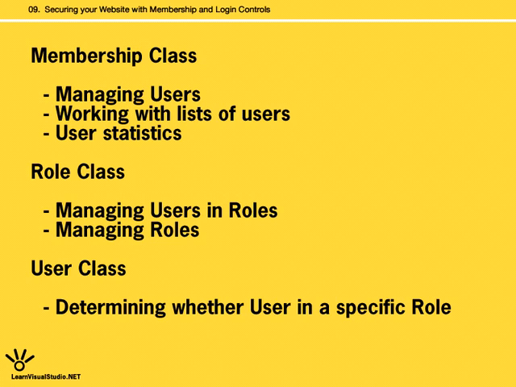And finally is the user class, which we use to determine whether or not the current user has been successfully authenticated. There are also some additional classes, but as you begin to dive off the deep end and get immersed in utilizing this rich programming model, you're going to learn what they are and their purpose, so I'm not going to go into them right now.